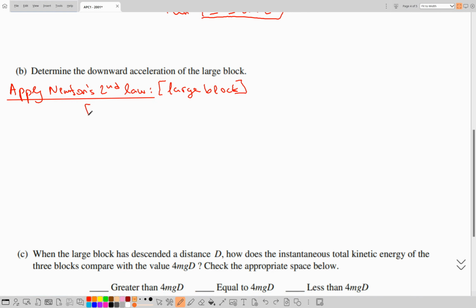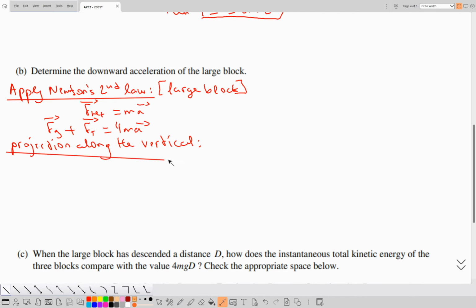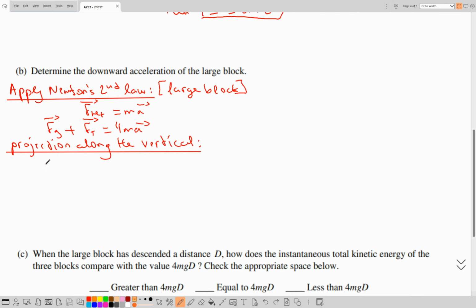It's given by the sum of forces equals ma, and basically we have the pull of gravity and the tension, and the mass is 4m. Now we need to project this vector equation along the vertical, and the positive direction is down because it's accelerating downward. Then I will say that 4mg minus the tension is equal to 4ma.